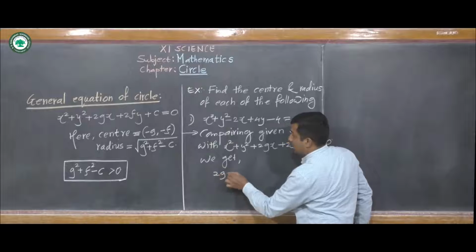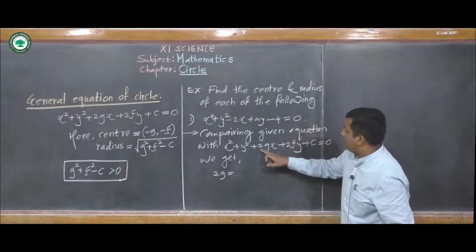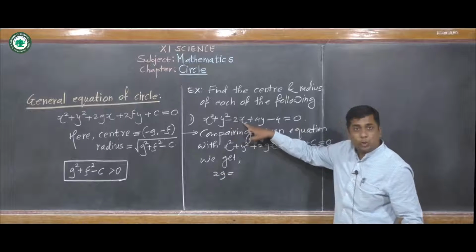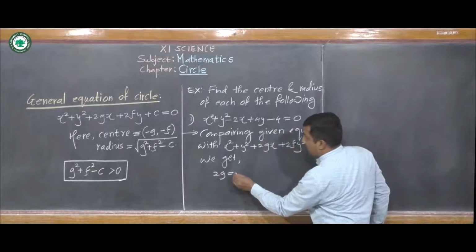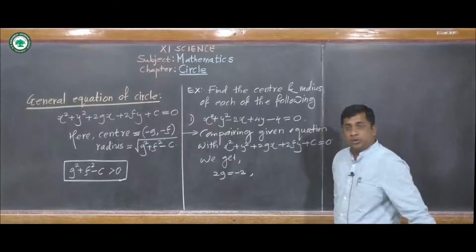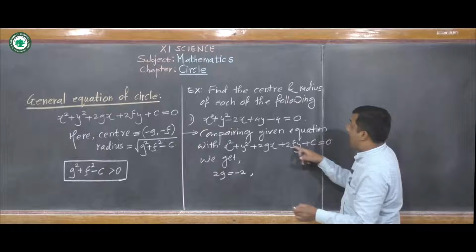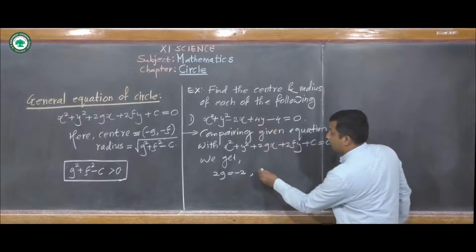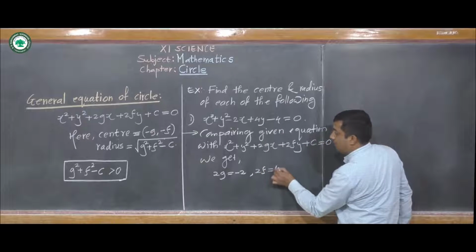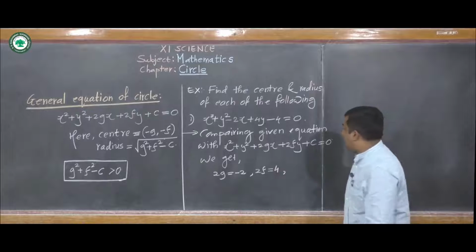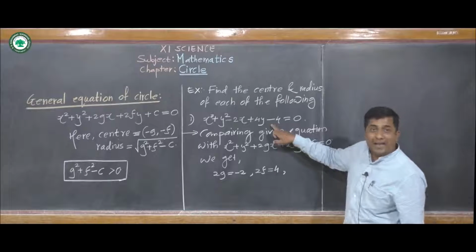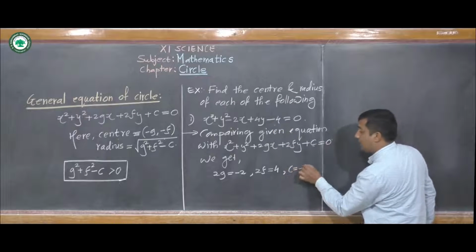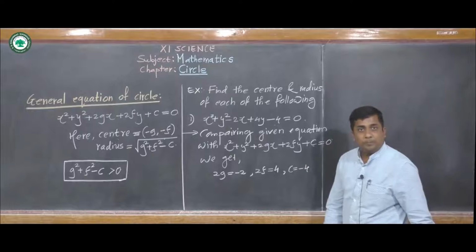Comparing 2gx with minus 2x, we get 2g is minus 2. Then we compare 2fy with 4y, so 2f is equal to 4. And lastly we compare c with minus 4, so c is equal to minus 4.